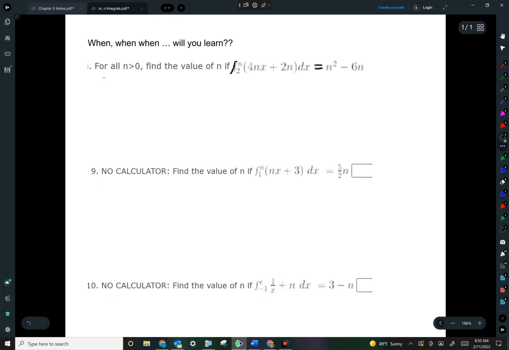So it's the integral from 2 to n. Can you read the rest of it? And this is a plus right here. I just did a snip of what you had on the online quiz, so it doesn't show up very well. Don't worry about the second one. Do the first and third. Save the second and fourth to practice for your test.